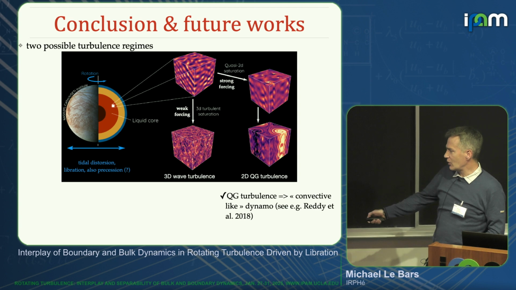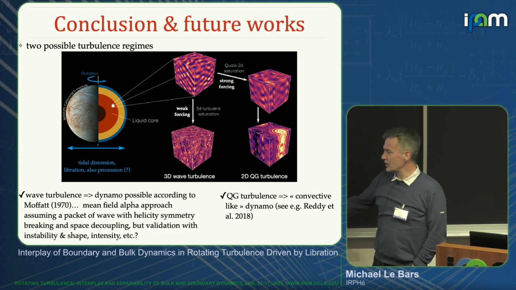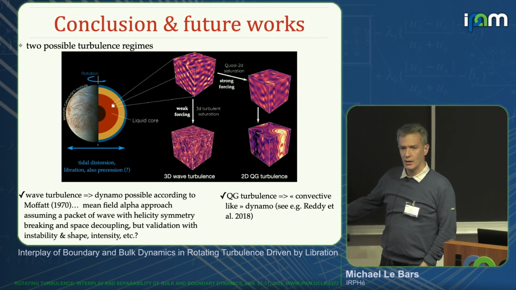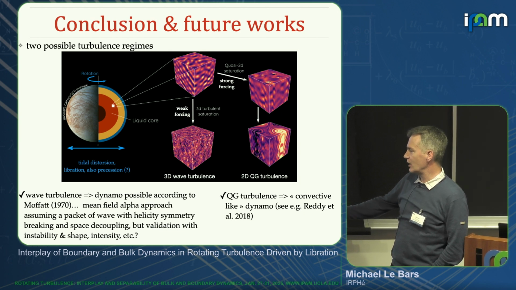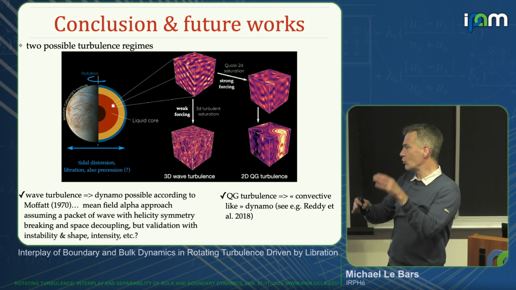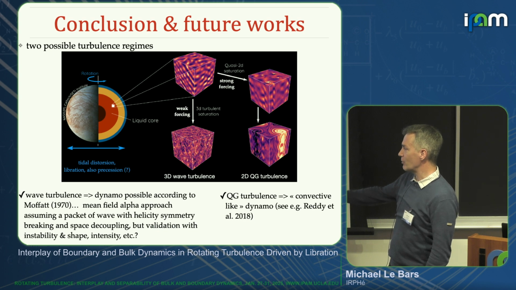So this one we know perfectly well makes a dynamo. For the inertial wave turbulence, there has been one work on that by Moffatt in the 70s. And he has shown, through a classical mean field alpha approach, that if you take a packet of waves and you break the helicity symmetry, you might end up with a large-scale magnetic field.